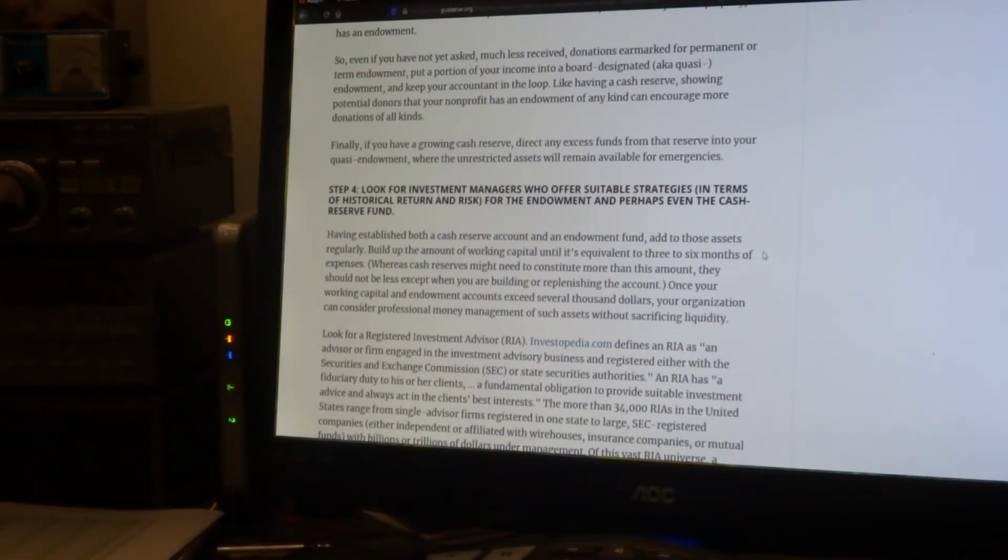And you would want to pick managers that would be good managers, of course, and so that's something you have to consider on the front end, who's going to manage the endowment.